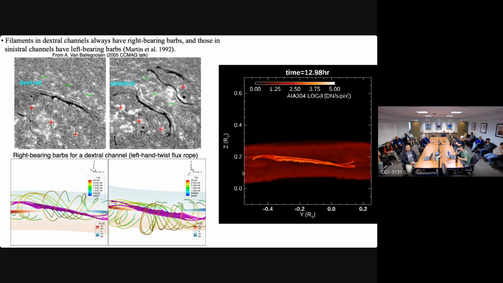And also, if we look at the AIA image from a different angle, we can see the filament bulb structures quite clearly, which could not be captured in the previous 2018 simulations. The filament bulb structure is consistent with the observation. And probably by looking at the bulb's direction, we can tell the magnetic curvature of the surrounding environment.